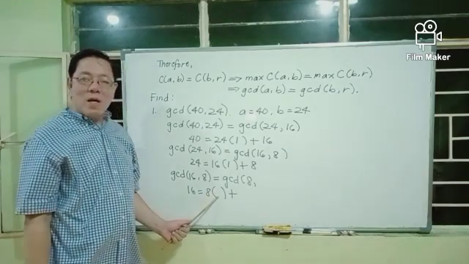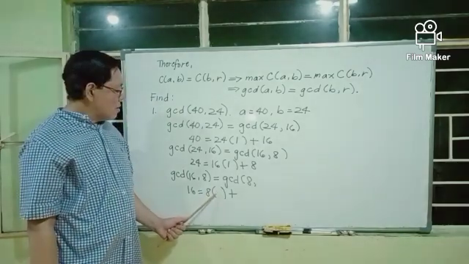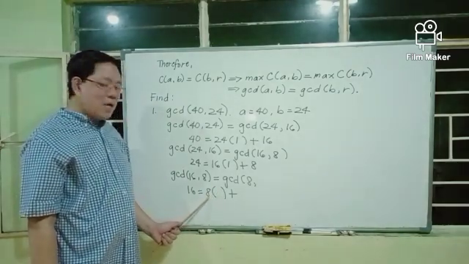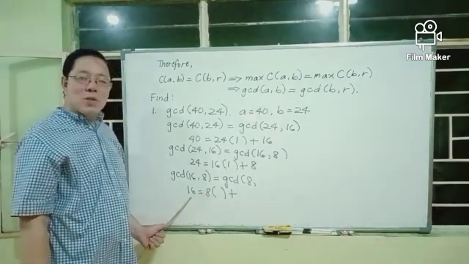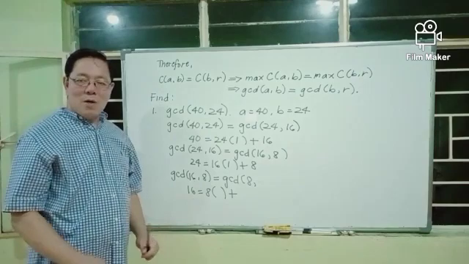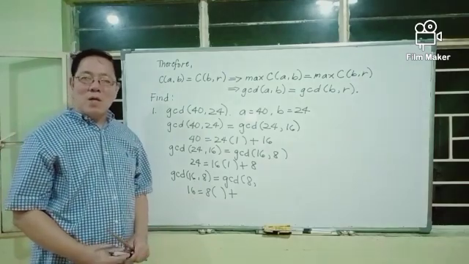Now suppose we try 2. If you multiply 2 by 8, you get 16, and that product is exactly equal to 16. So we can take Q equals 2.